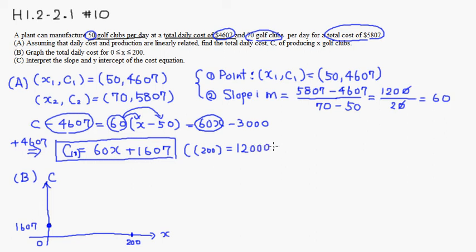Then you have to add 1,607, so this is going to be 13,607.